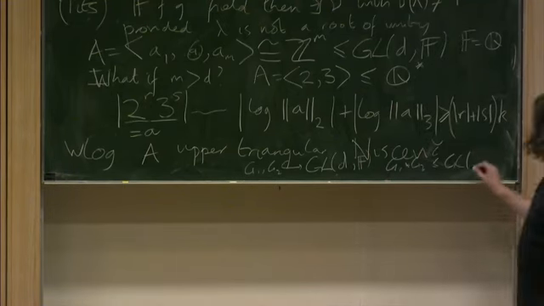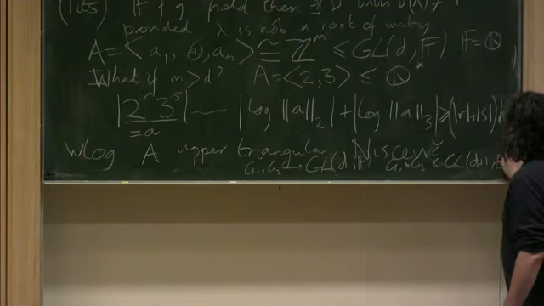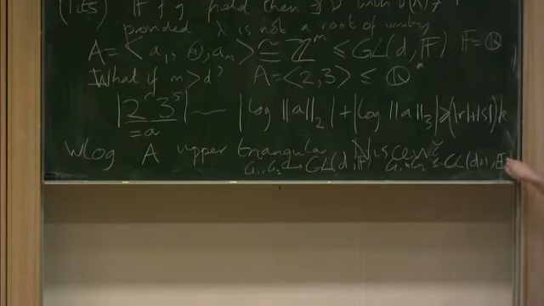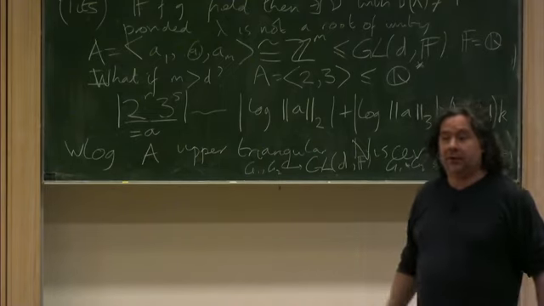You might have to go up by 1, so let's play safe. And the field might change. It might have to be a bigger extension field, but it's still of the same characteristic. So that's a very old result, probably the first result.